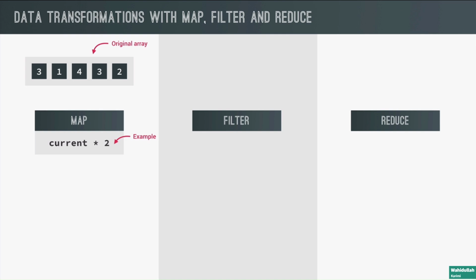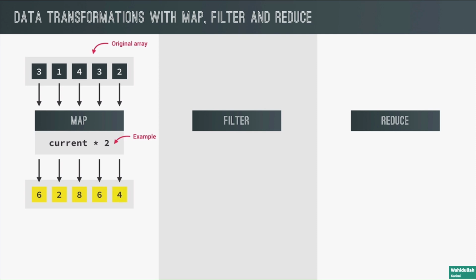So in this example, we say that each element should be multiplied by 2. And with this callback in place, the map method multiplies every single element by 2 and puts it into a new array. We say that it maps the values of the original array to a new array. And that's why this method is called map.